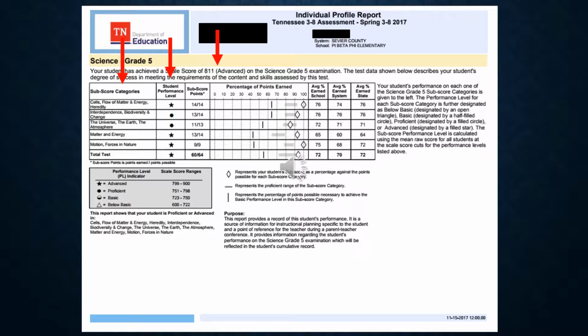It is worth noting that science is still on the old performance levels: advanced, proficient, basic, and below basic. Next, you will notice the sub-score reporting categories and that the student is given a performance level for each reporting category. This shows the teacher what skills the student could improve on and areas to focus on the upcoming year.